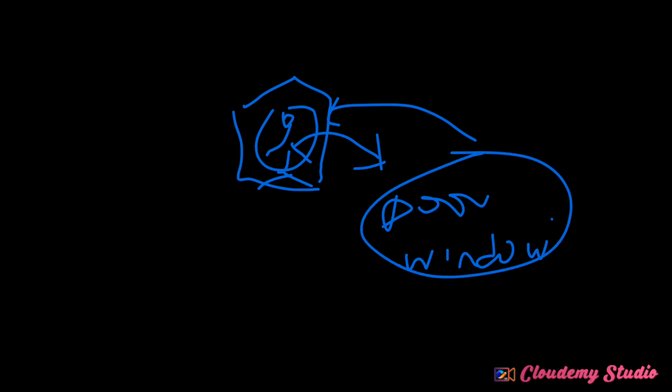Which means there is something like a door or a window in the cell membrane as well. And this is what we know as a channel. But because we are dealing with electrical signals, with excitable cells, we won't call them channels only. We call them ion channels.